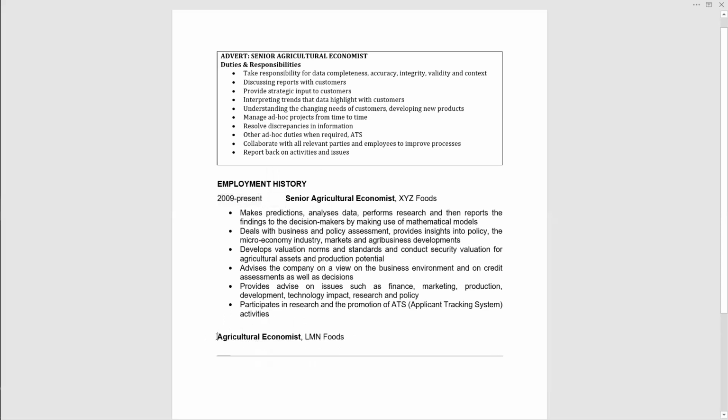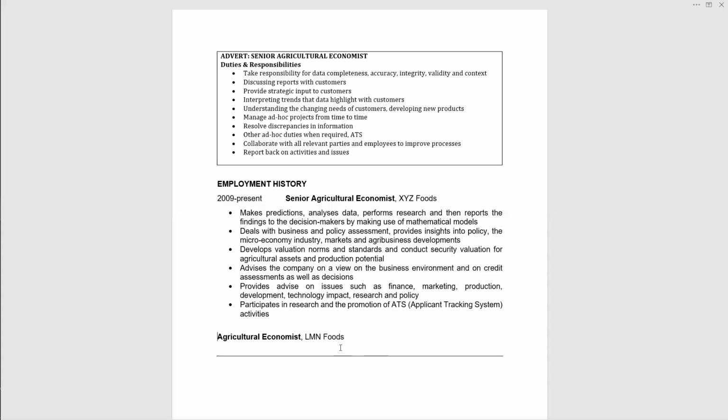Here you can put on the dates, and then underneath you can write the duties that you did. That is provided that the experience that you have is not longer than 10 years. It will surely be in your favor to specify what it is that you did in your earlier positions.